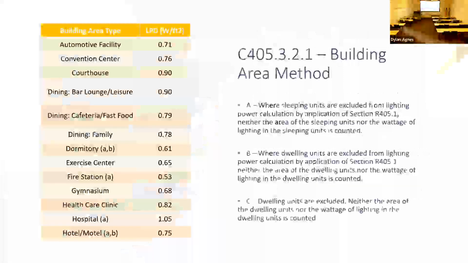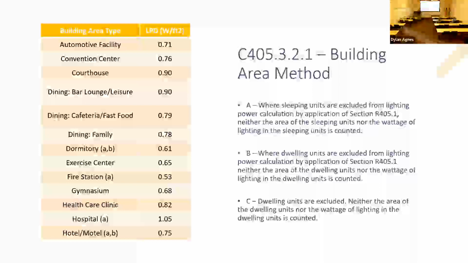And so here's an example of some of the building area types listed in there. I'm not going to list them all. And so each one is listed out here. And then there are some exceptions, particularly to those that deal with sleeping units or dwelling units, basically saying that you don't have to count those areas. The reason being, for a dormitory or a hotel, people are going to be in there, they're going to use the lights, and then they're going to exit the space and it's going to be off for the majority of the time until they come back.